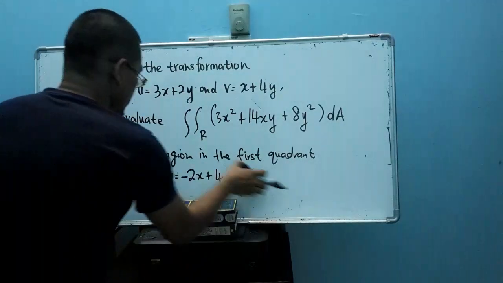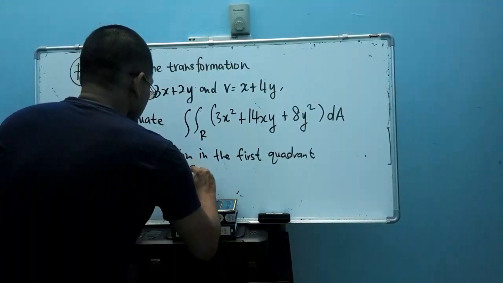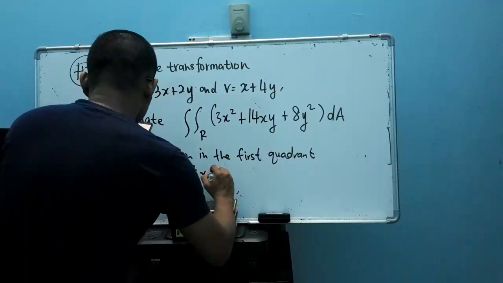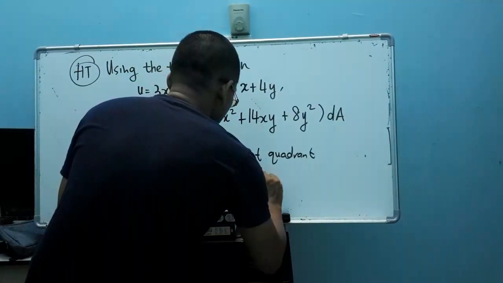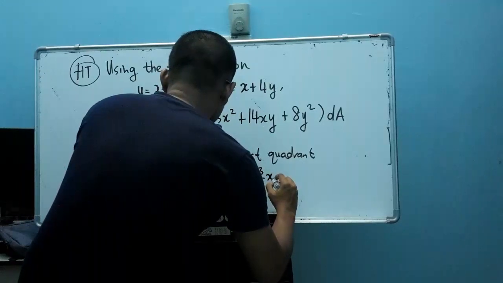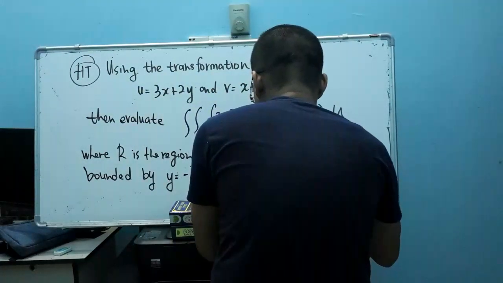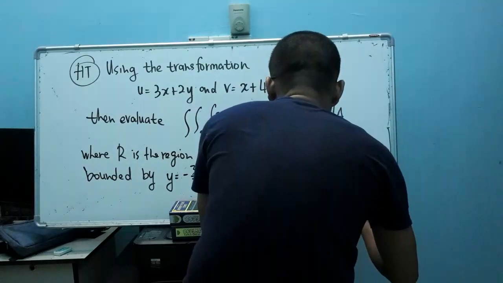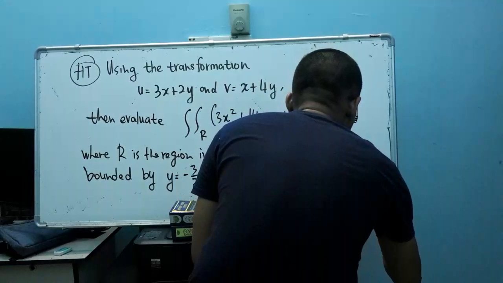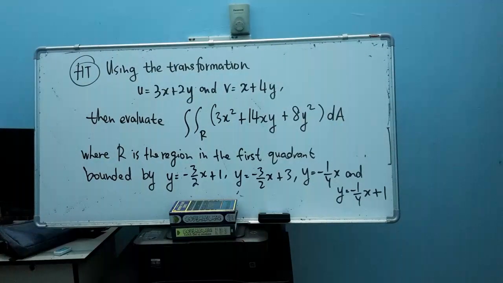Bounded by y equals minus 3 over 2 x plus 1, y equals minus 3 over 2 x plus 3, y equals minus 1 over x, and y equals minus 4x plus 1. Can you see it?